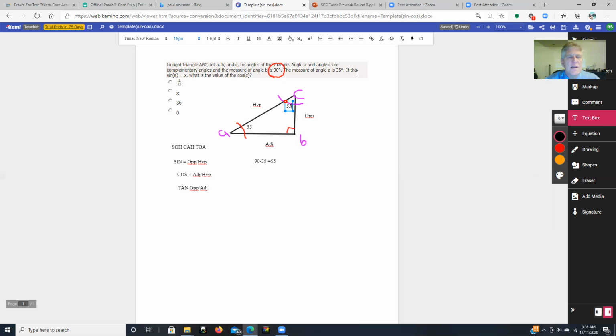And now they're saying if the sine of A is equal to X, so let's just write that.